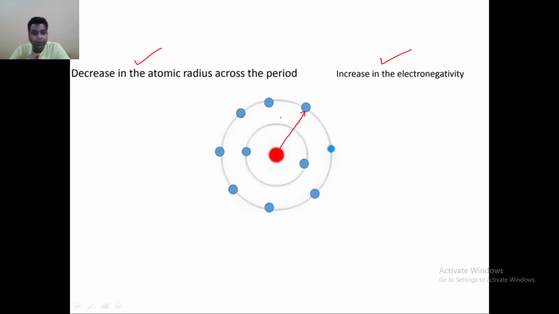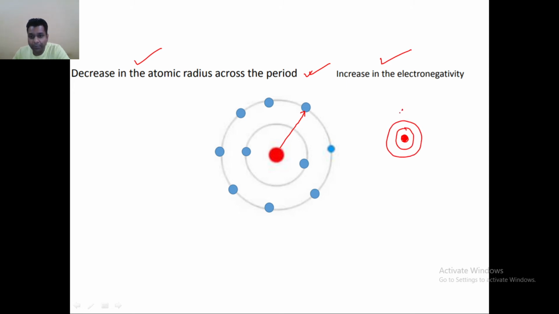We'll see. Now see here, a decrease in atomic radius across the period means, try to understand, this is your nucleus and this is your atom. Let's take an example.